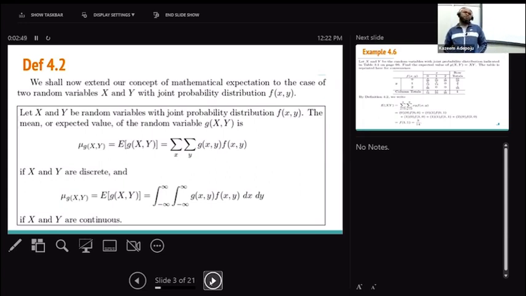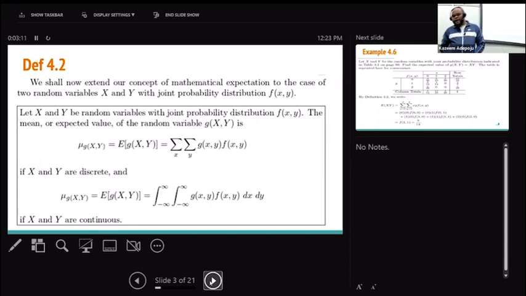All of that involves expectation, whether we're talking about the expectation of X or the expectation of X squared. But what I'm displaying now is the expectation of products.